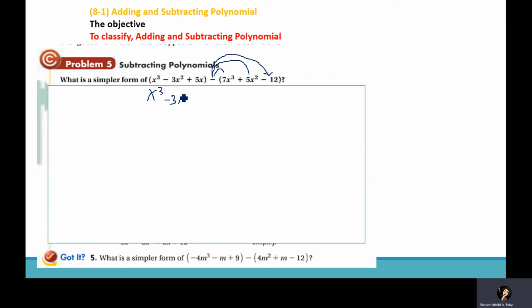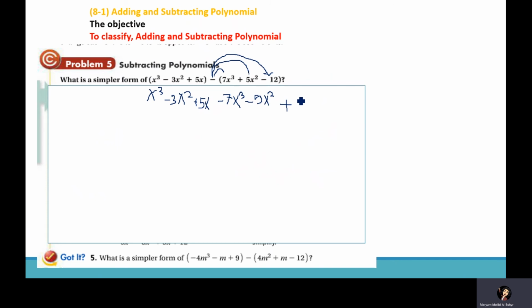So that's 3x to the power 2 plus 5x. Now, once you distribute this, you will have negative 7x to the power 3. You will have minus 5x to the power 2.